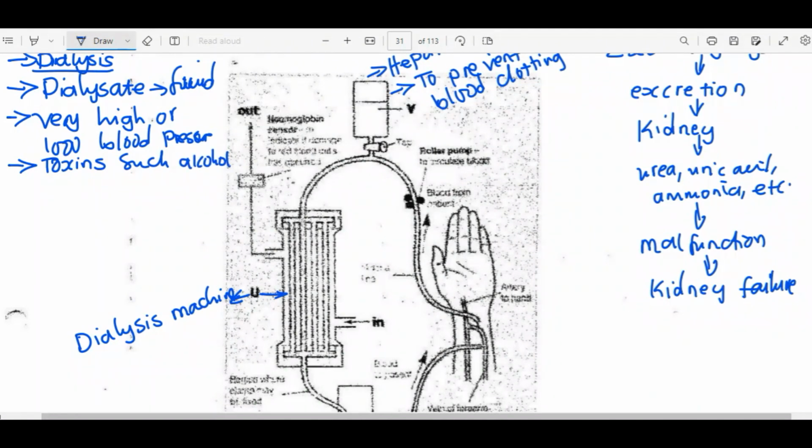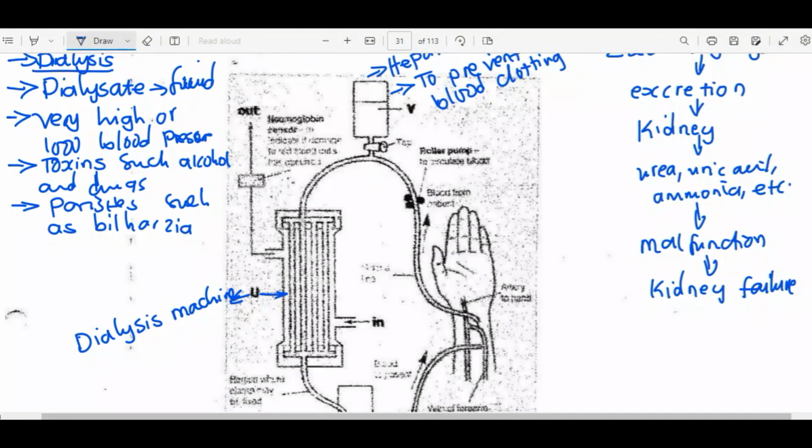If alcohol is taken in excess, it may result in such, and also drugs. Then what else? Parasites such as bilharzia. These are the common ones, but there are so many that may make a patient have kidney failure.